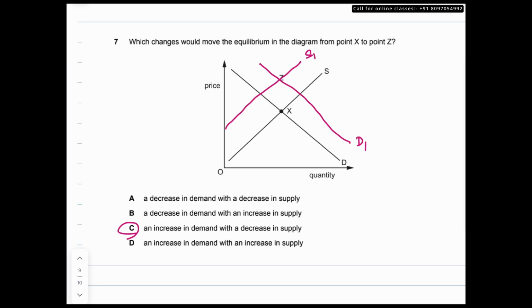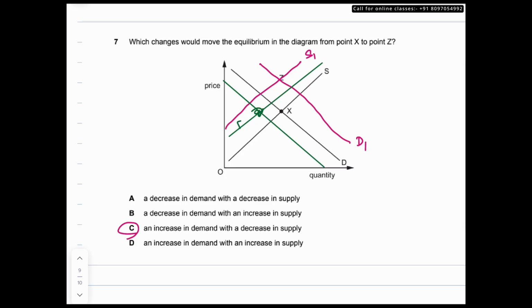Let's take a look at why A, B and D aren't. I'll be using a different shade for this. So it reads a decrease in demand, which is this, and a decrease in supply, which is this. In this case, this is where you get the new equilibrium, and ideally it depends upon the magnitude of change these forces have, whether there's a bigger change in demand and a smaller change in supply, then the respective changes in price and quantity would be seen.